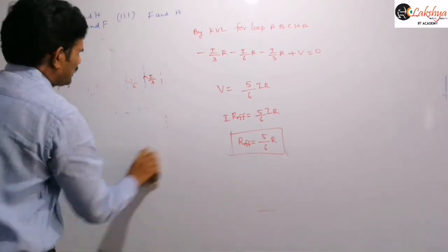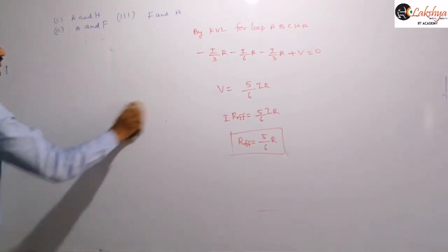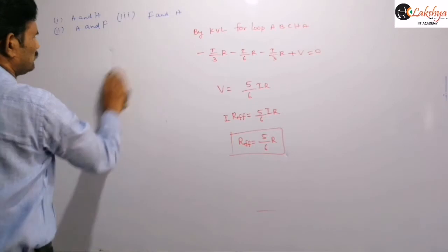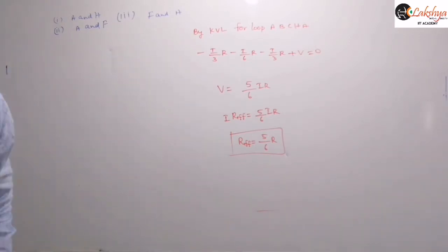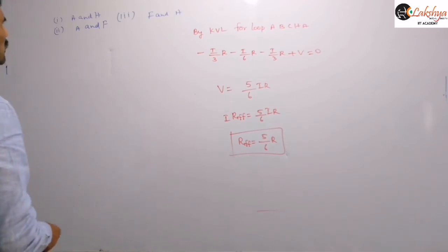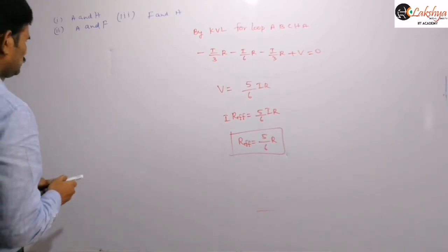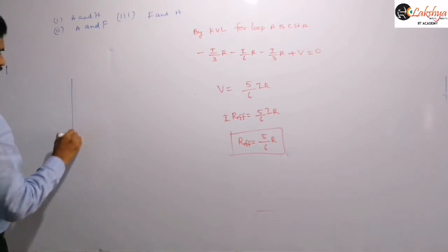And now let us take the points A and F. So A and F I am taking. Let us draw the cube again.